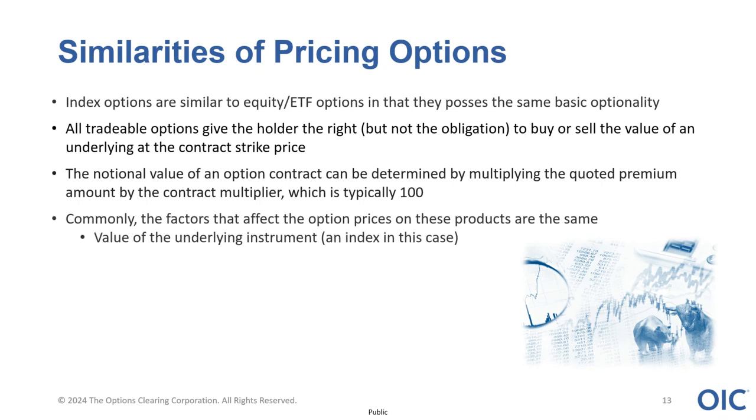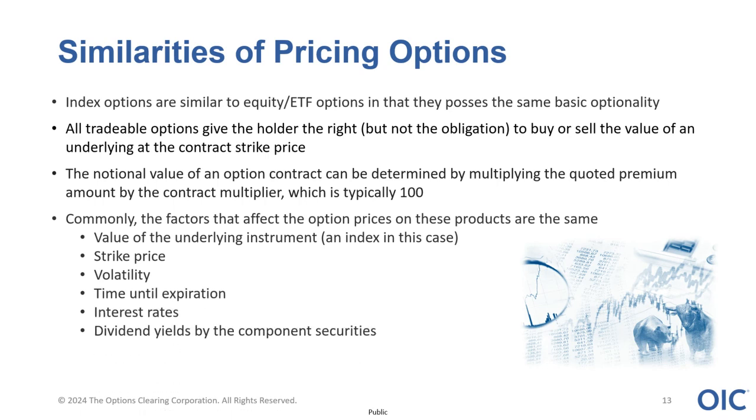They are the value of the underlying instrument, which in this case is an index, the strike price, the volatility, the time until expiration, interest rates, and dividend yields of component securities, meaning the dividends that the things built into these indexes pay.